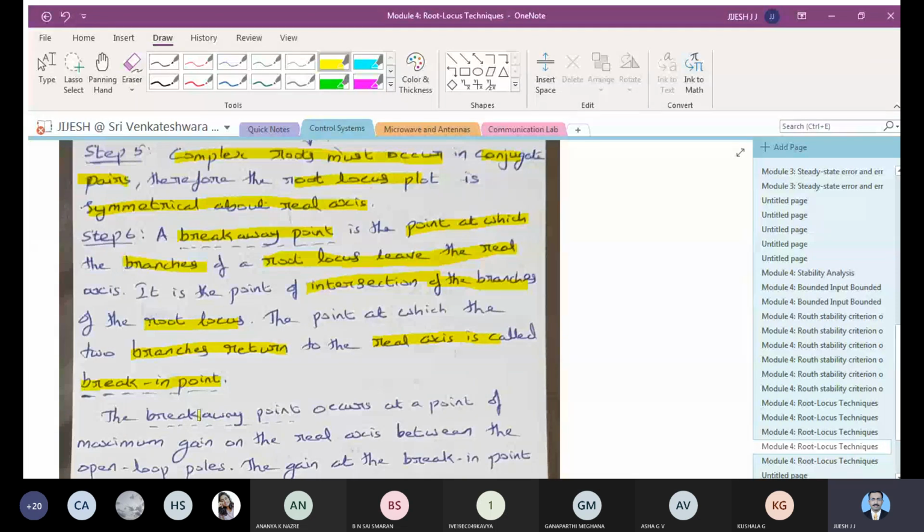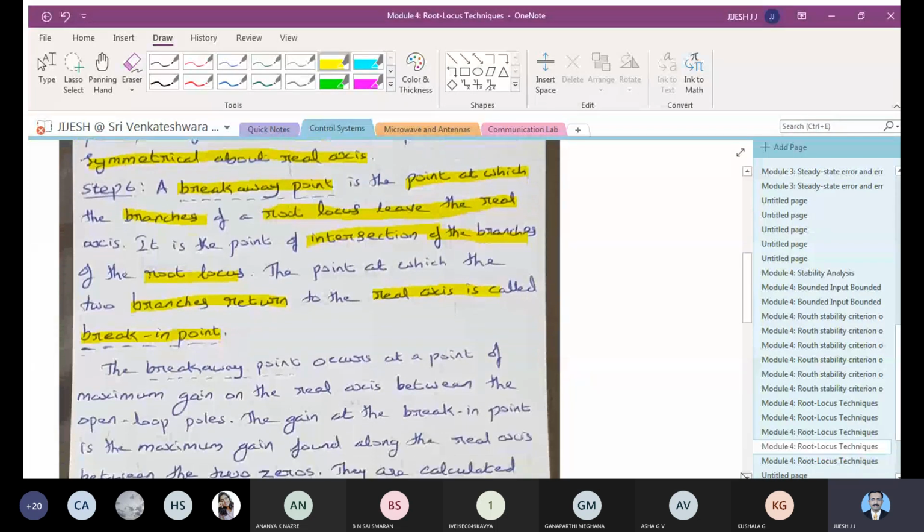We have to see that it is symmetric to the real axis as well. In some cases we'll also be finding the breakaway point and break-in point, and checking whether the branches return to the real axis, or the branches of the root locus leave the real axis.